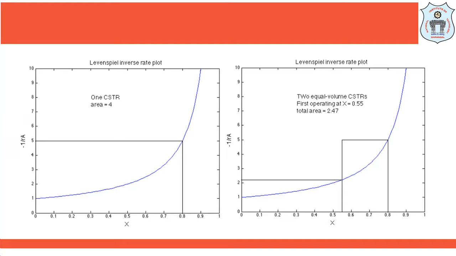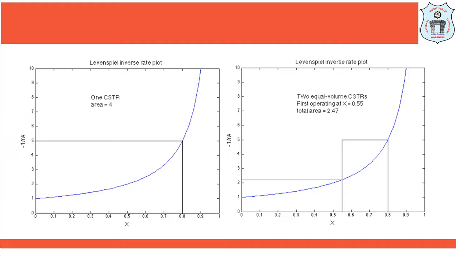If we compare the right hand side diagram, where we have two equal volume CSTRs in series with conversion in the first reactor 55% and the final one 80%, you can see the area of each of the two rectangles is the same, and the total area is 2.47.